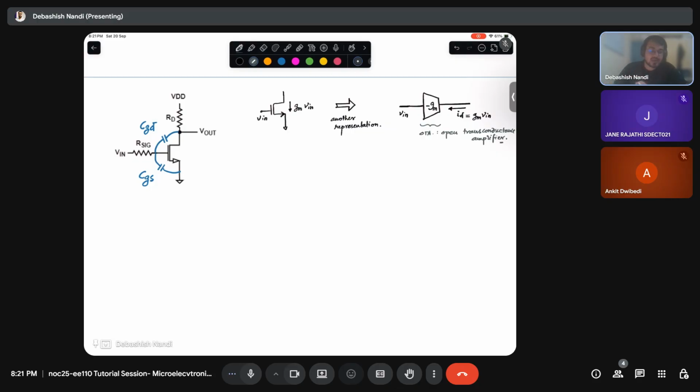What is conductance? Current at the output and voltage at the input. What is transconductance? I am fetching the current at the output node while I am putting the voltage at the input node. Is that clear? Yes, sir. So this circuit will be something like this.